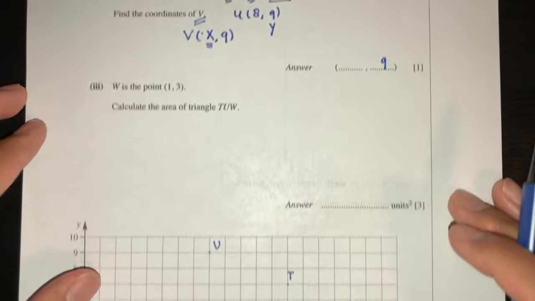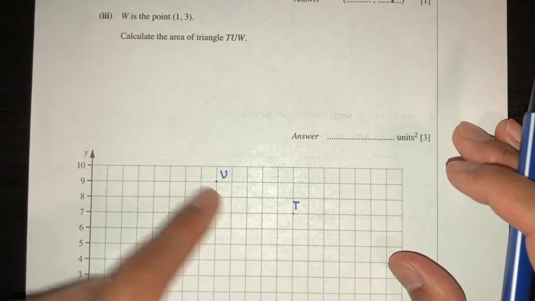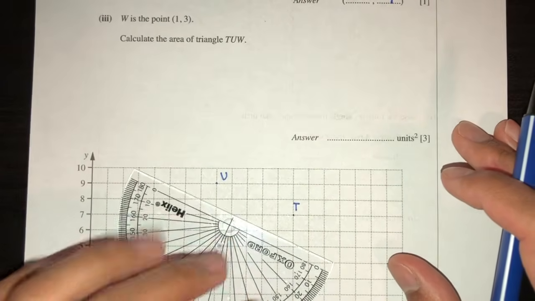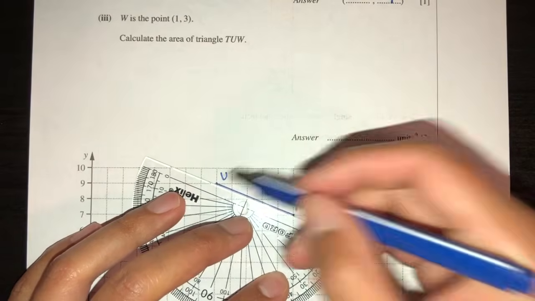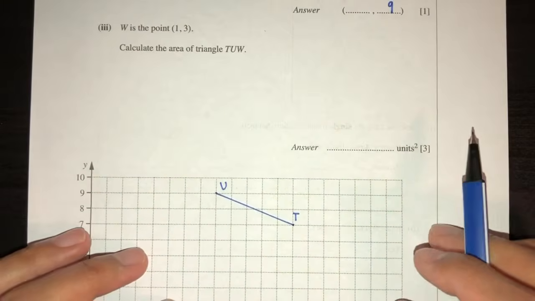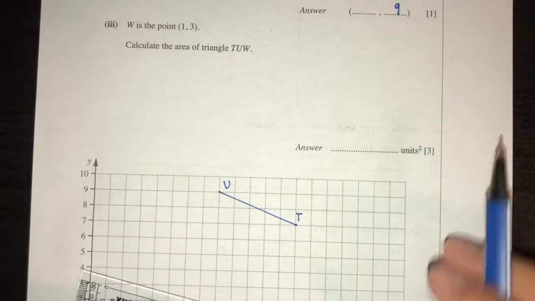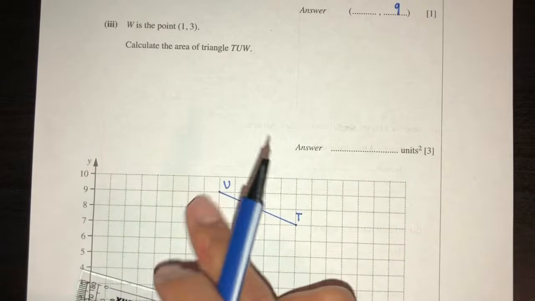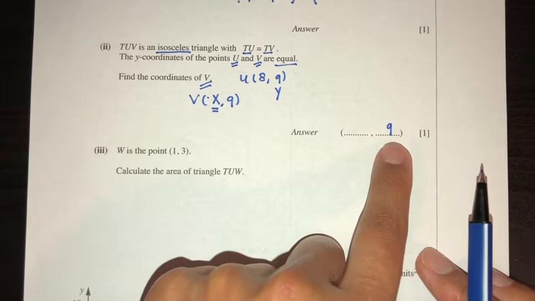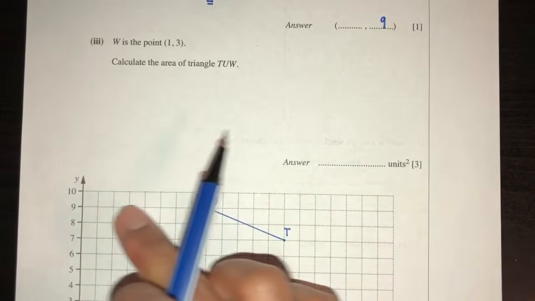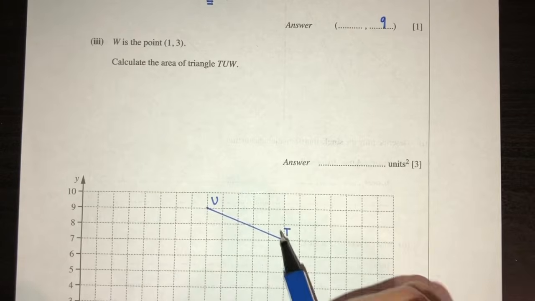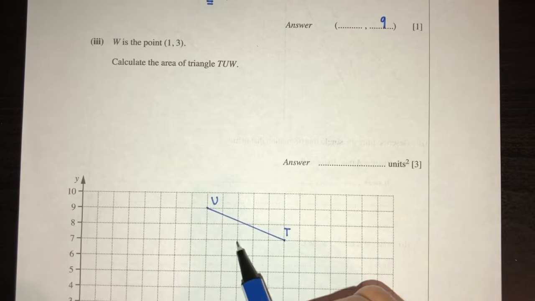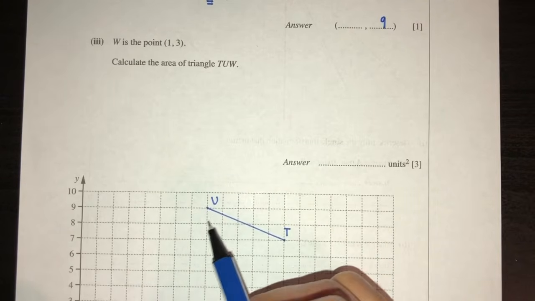So let's have a look. Where can V be? If this is TU, let's join these two together to have an idea. For this to be an isosceles triangle, the value of y is on this line, the line y equals 9. If you observe, from T to U we have to move 1, 2, 3, 4, 5, and 1, 2.